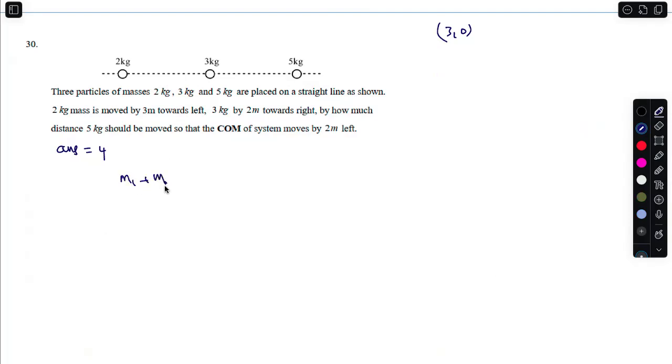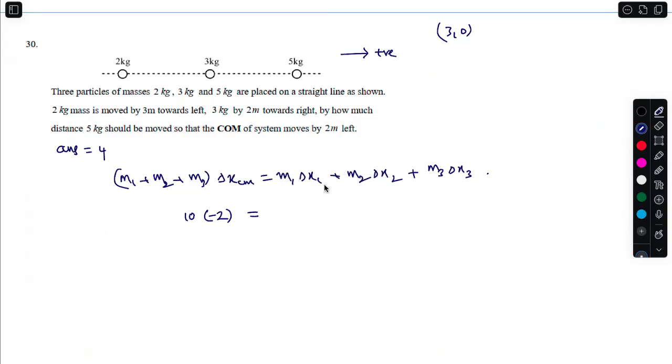(M1 plus M2 plus M3) times delta X_CM is equal to M1 delta X1 plus M2 delta X2 plus M3 delta X3. Hold on. 2 plus 3 is 5, 5 plus 5 is 10. 10 times 0, taking this direction as positive, is equal to 2 times minus 3, as the 2 kg block is moved 3 meters left, plus 3 times 2, as the 3 kg block moved 2 meters right.